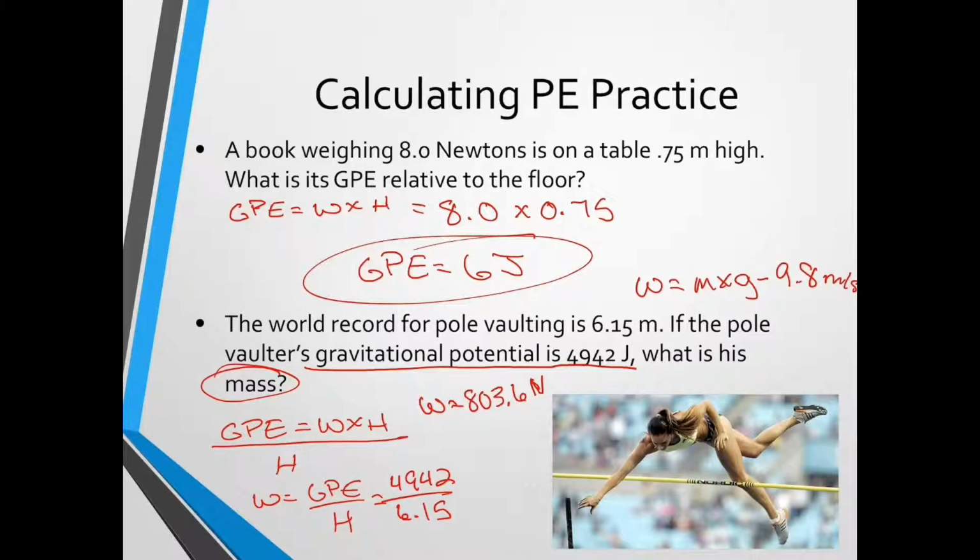So if we take 803.6 divided by 9.8, that should give us our mass. And the mass of the pole vaulter would be 82 kilograms.